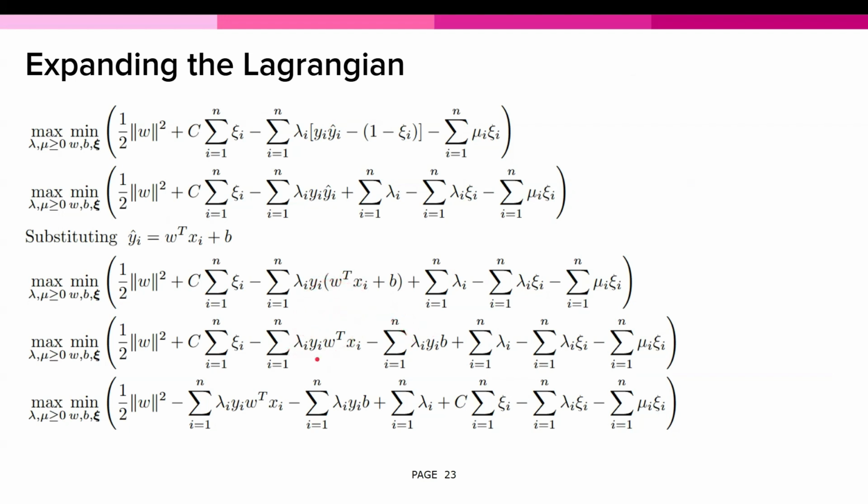Now we've got this final big expression in terms of w, b, xi, lambda, and mu, as well as our training data, xi and yi. So that is 1, 2, 3, 4, 5, 6, 7 variables, and three of those, the number of variables, is the number of samples that we have.